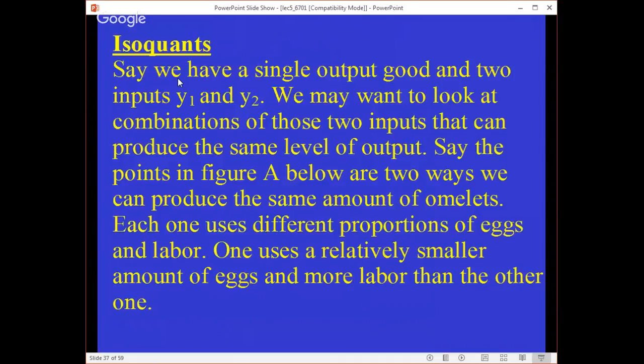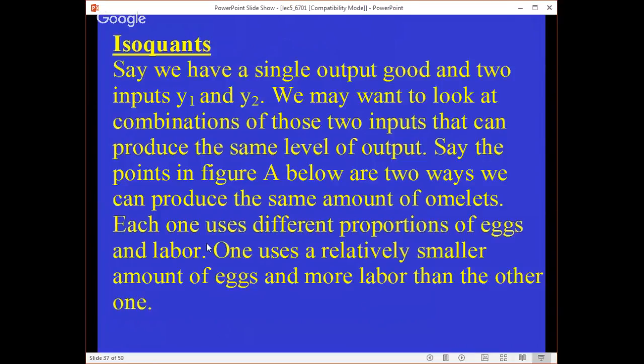So I'm going to go ahead and derive it a different way. Say I have a single output and two inputs, Y1 and Y2. So I might want to look at the combinations of the two inputs that produce the same level of output. Say at point A, below, there are two ways I can produce, let's say, an omelet. Each uses a different proportion of eggs and labor, right?